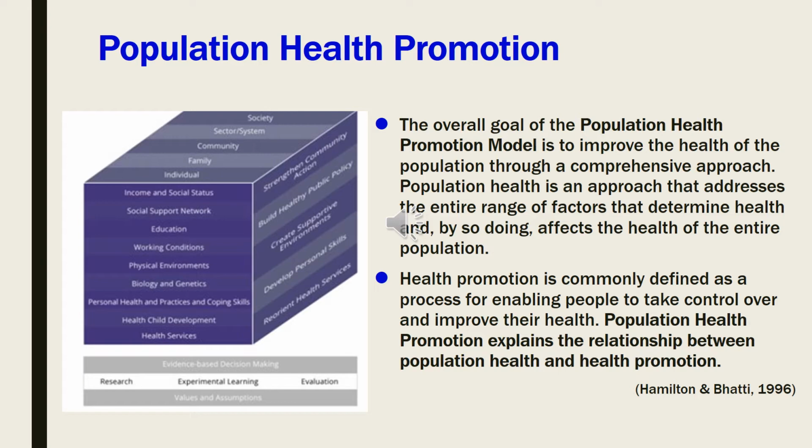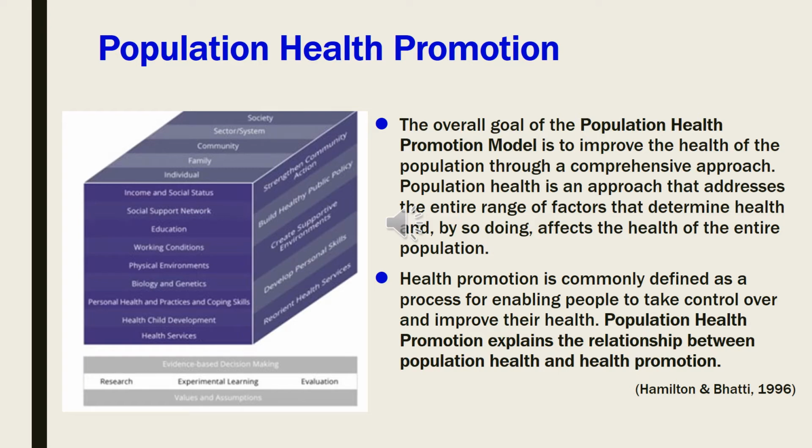Health promotion is commonly defined as a process for enabling people to take control over and improve their health. Population health promotion explains the relationship between population health and health promotion. It shows how a population health approach can be implemented through action on the full range of health determinants by means of health promotion strategies.